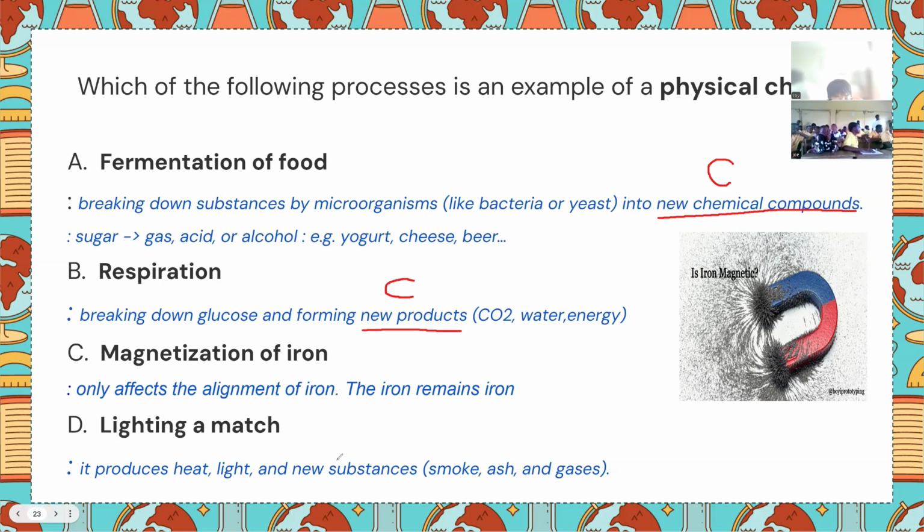It produces heat, light, and new substances, so it's also a chemical change. And C, lastly, only affects the alignment of iron. Magnetization only affects the alignment, and iron remains iron. So no new substance is formed, so it is a physical change. So the answer is C.